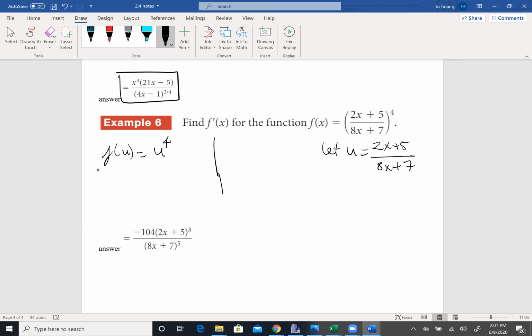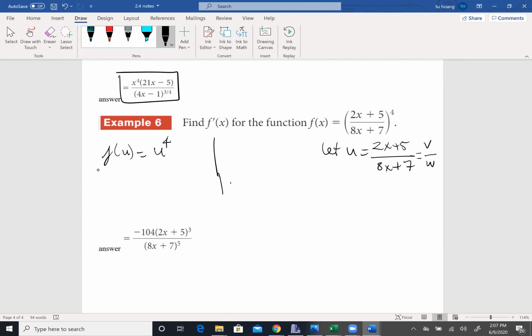So now in order to find the inside derivative, I need to substitute this using the quotient rule. I say f and q. No, I change the letter. I should say v and w, right?